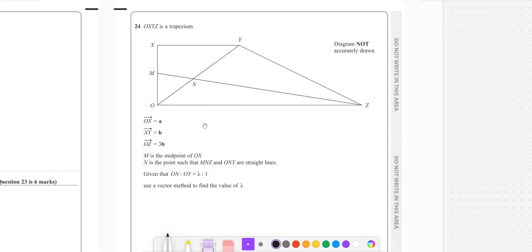As the diagram implies, given that ON to OY is lambda to 1, OY is 1. Okay, that's fine. Use a vector method to find the value of lambda.